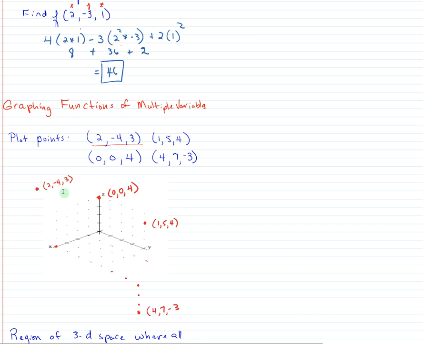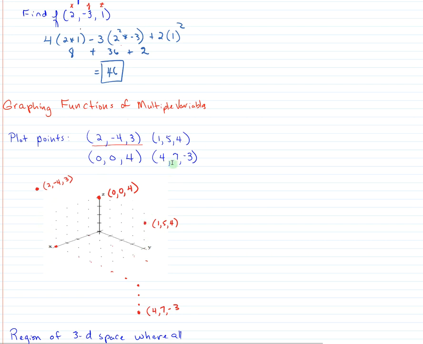So there is the point 2, negative 4, 3. For 0, 0, 4 means you're not on the X or the Y, but you're 4 up on the Z. So there's that point. For 1, 5, 4, we will go 1 on the X, 5 on the Y. So 1, 2, 3, 4, 5, and then up 4. 1, 2, 3, 4. So that is how we do that one.